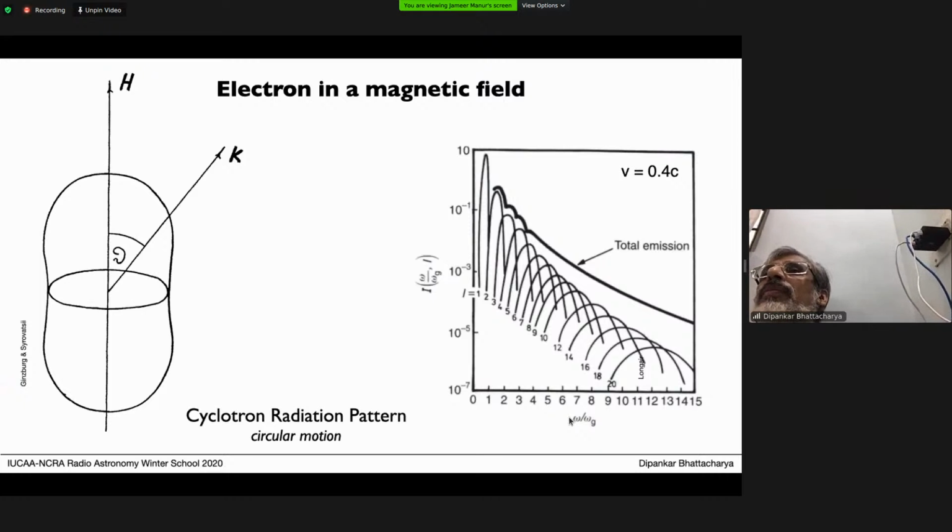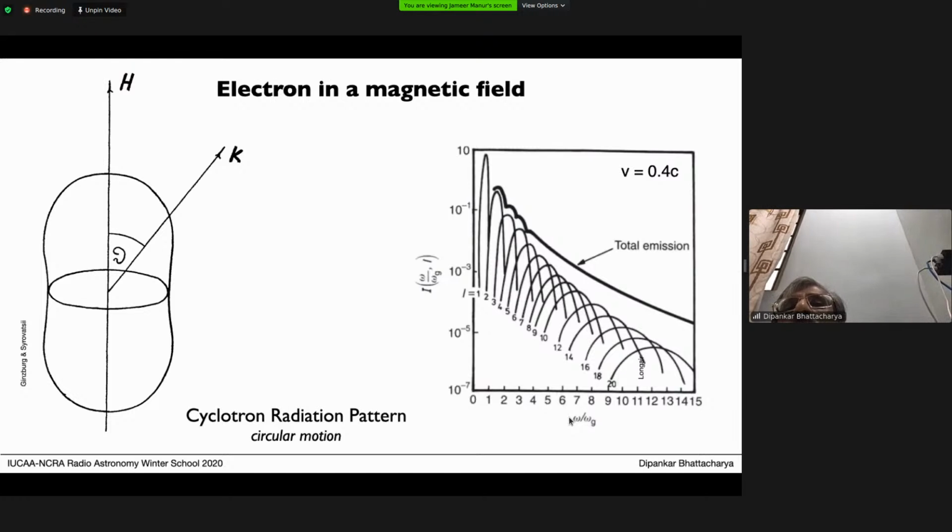The typical magnetic field in interstellar space could be as low as a microgauss to a nanogauss. So the electron producing cyclotron radiation in these kinds of low magnetic fields would produce rather low frequency radiation.